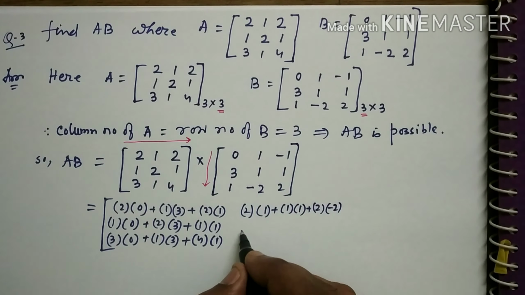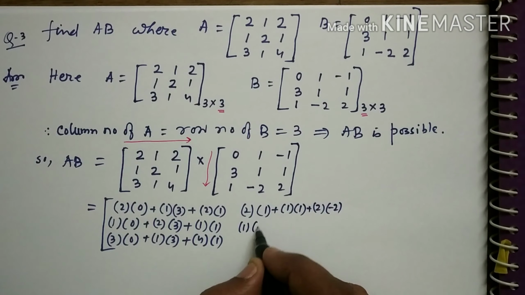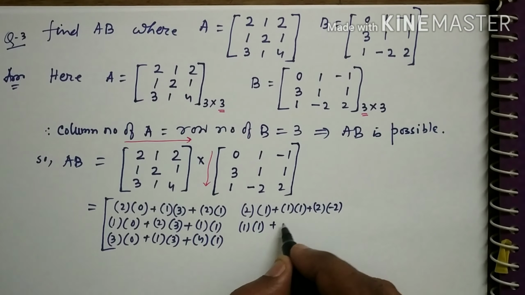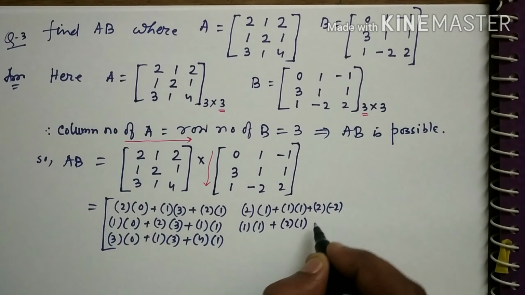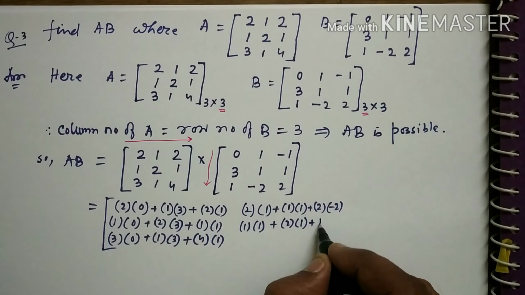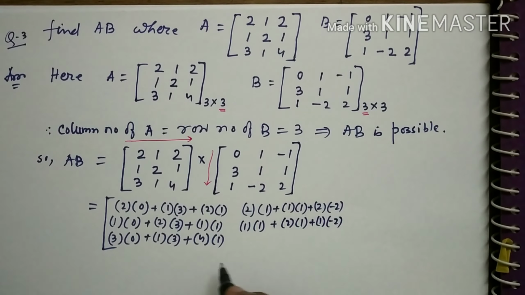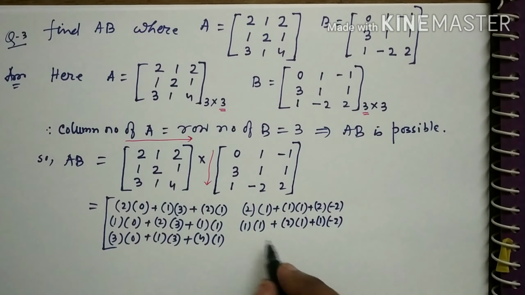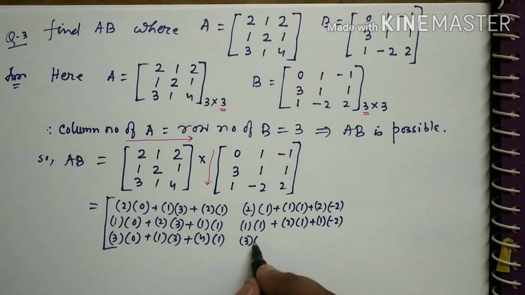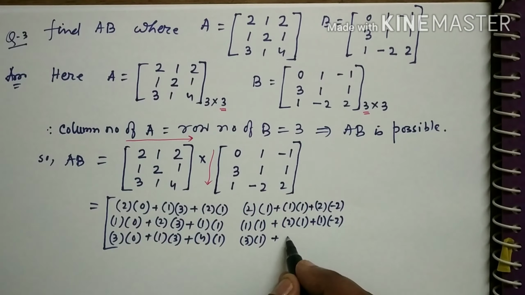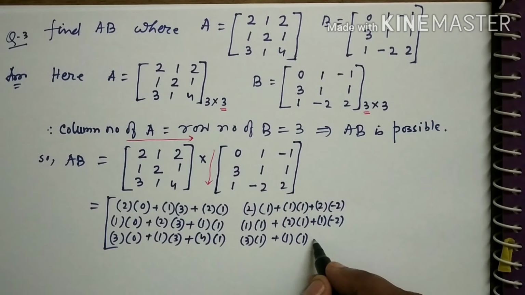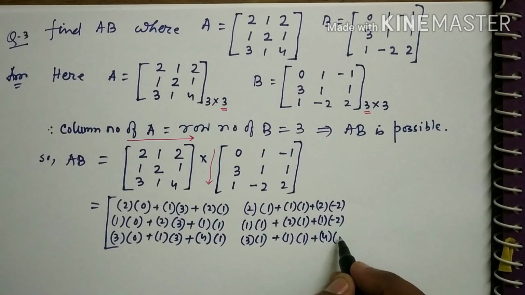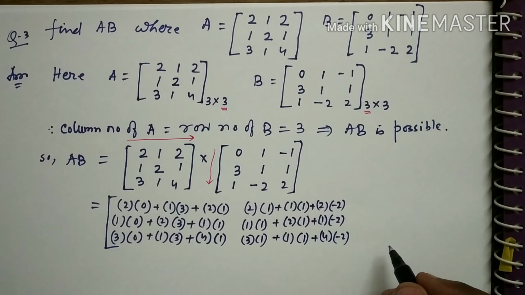Next, second row, second column: 1 into 1 plus 2 into 1 plus 1 into minus 2. Third row, second column: 3 into 1, 1 into 1 plus 4 into minus 2. Okay.